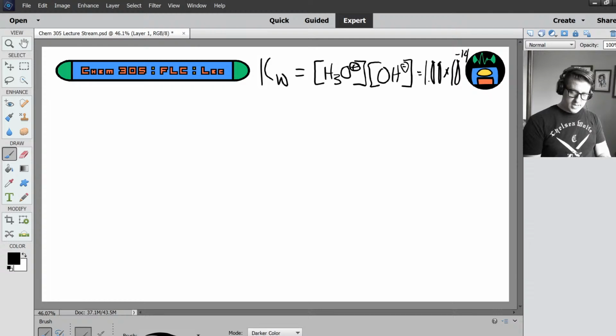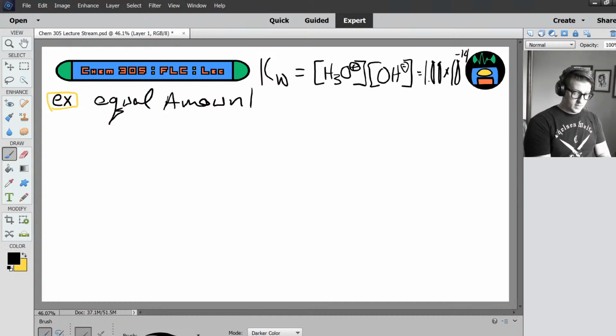And that is what this example hinges on, the fact that we're dealing with equal amounts of acid and base, of hydronium and hydroxide.